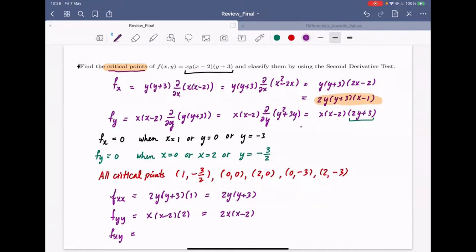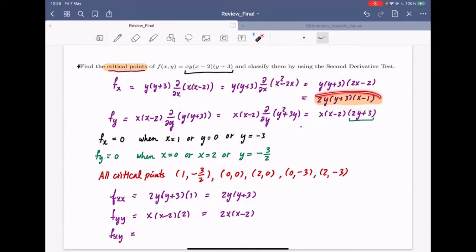And then the last one, fxy. You can start from that one and then differentiate. Oh, a little bit tough. Okay, but we have to do that. No choice. 2y times y plus 3 times x minus 1.